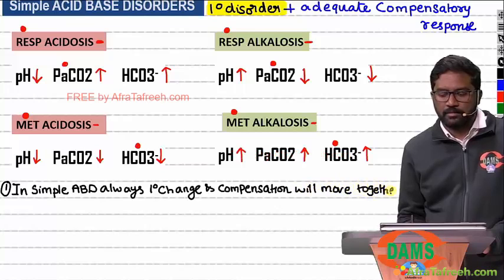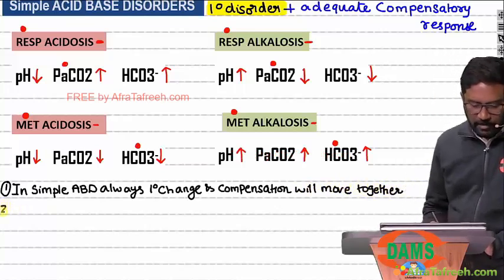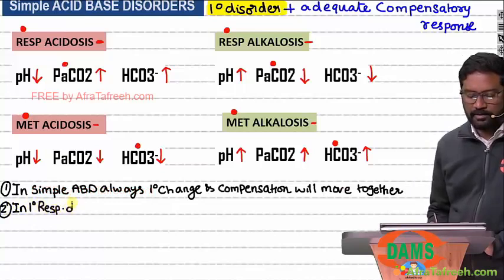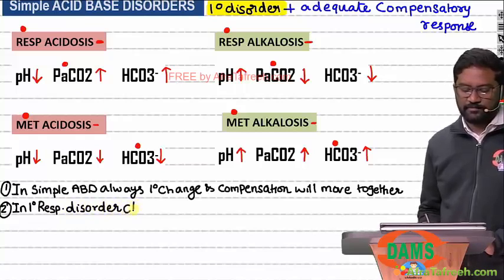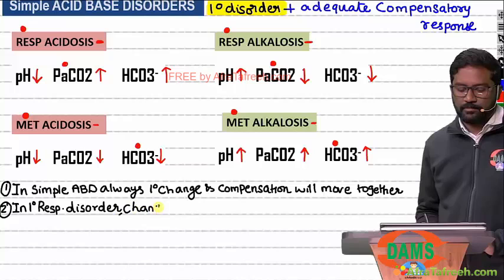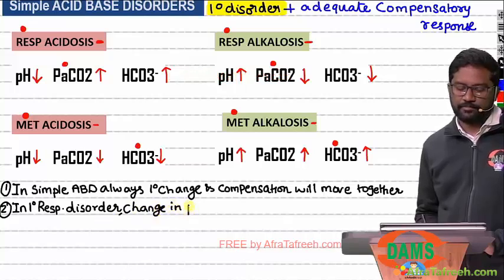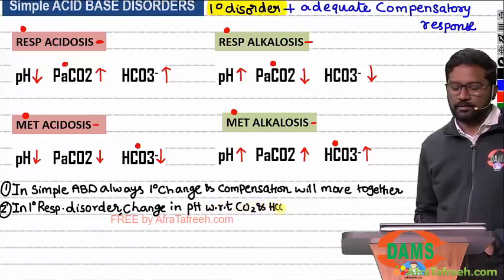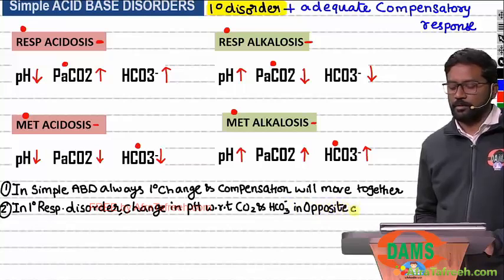Then rule number 2: in primary respiratory disorder, change in pH with respect to (WRT means with respect to) CO2 and bicarbonate is in opposite direction.